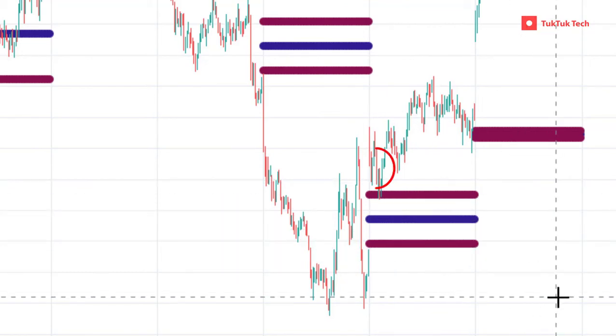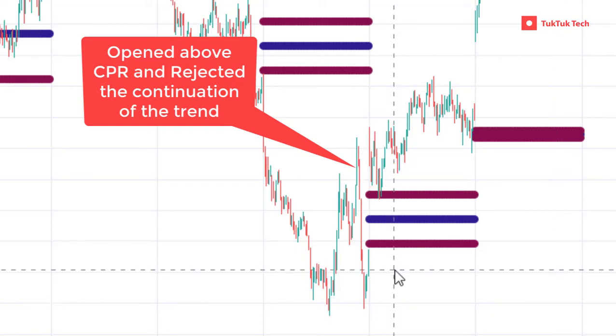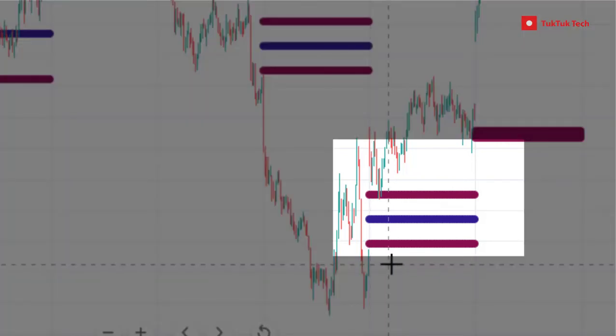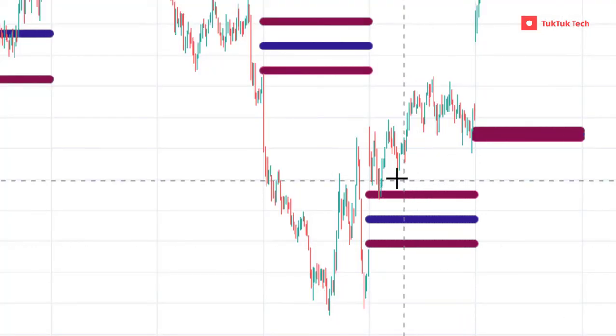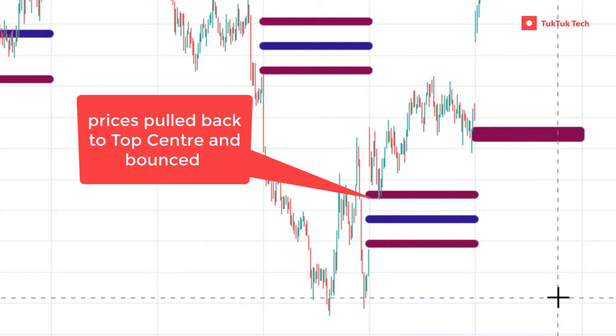However, the opening candle on the next day rejected the continuation of the trend by opening above the central pivot range. In these scenarios, any pullback to the range should be an opportunity to buy. As we can notice, the prices pulled back to top center and moved up for the day.